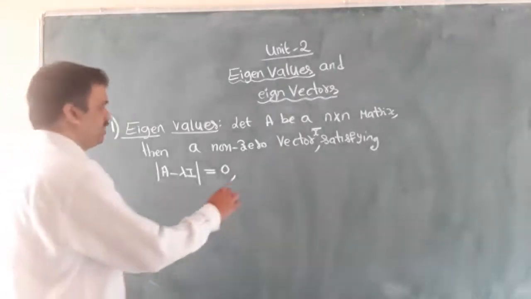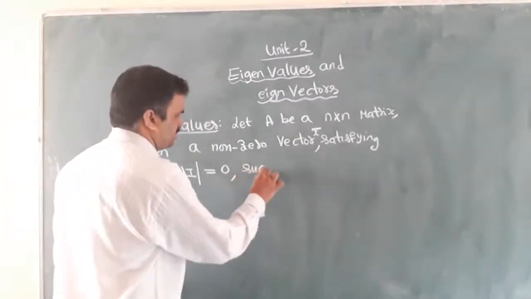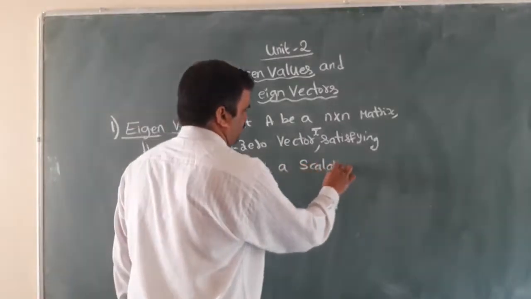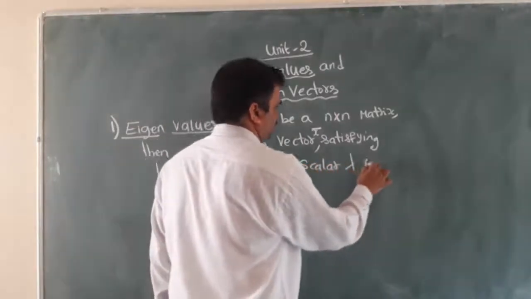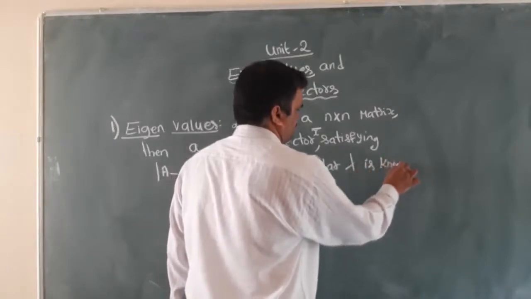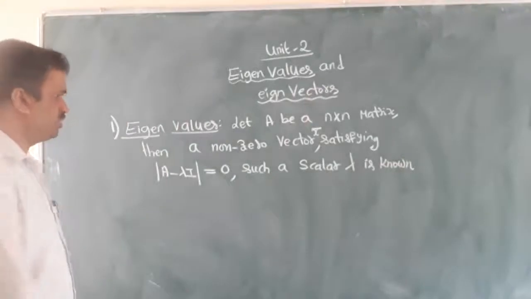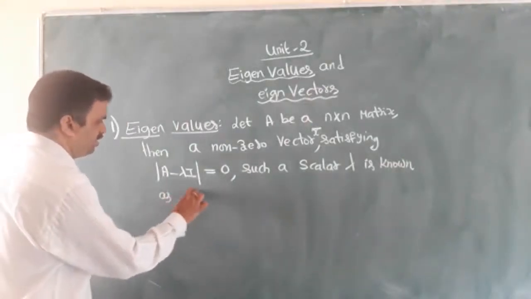Such a scalar lambda is known as an eigenvalue.